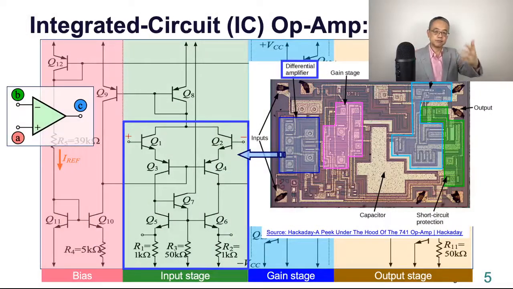The first reason is what we call the systematic offset. In other words, the circuit is designed this way. The offset exists when the circuit was born. All right? So that's called the systematic offset. And the second reason is the manufacturing imperfection.